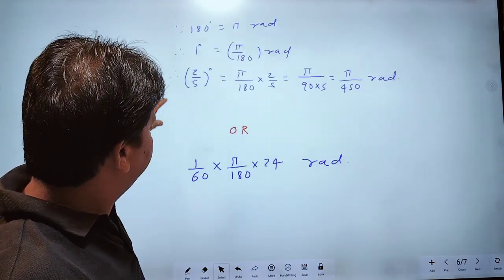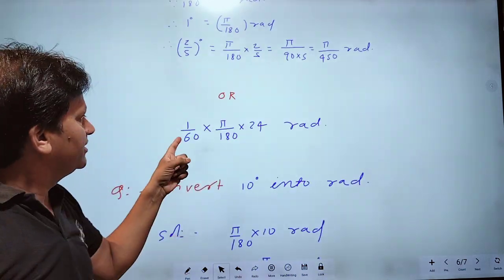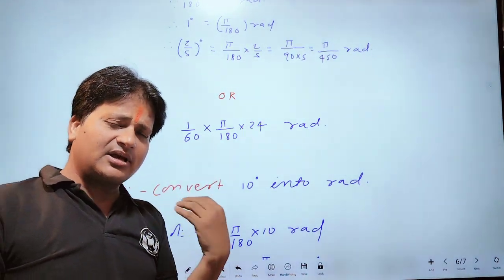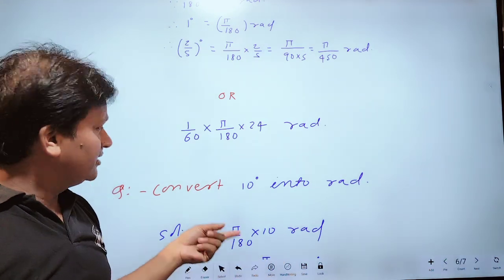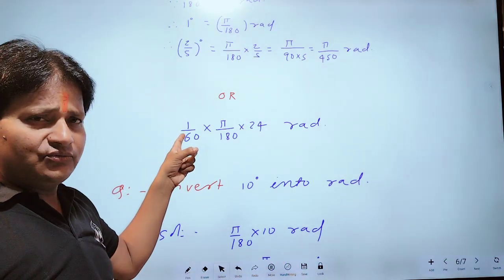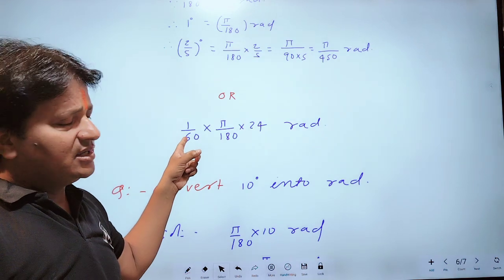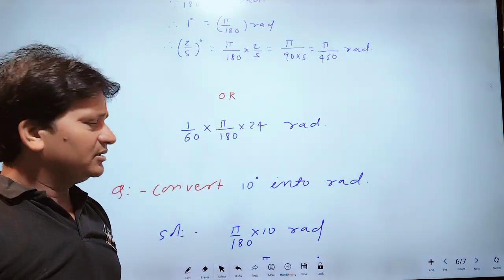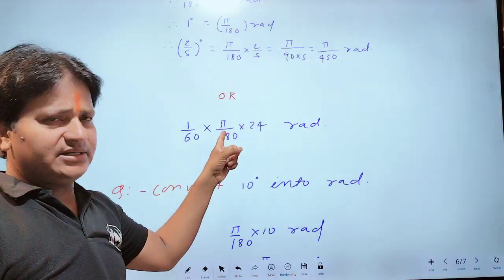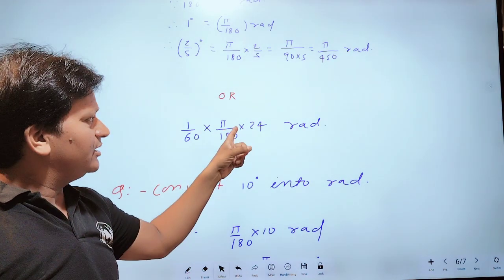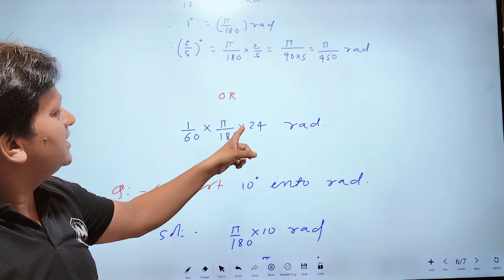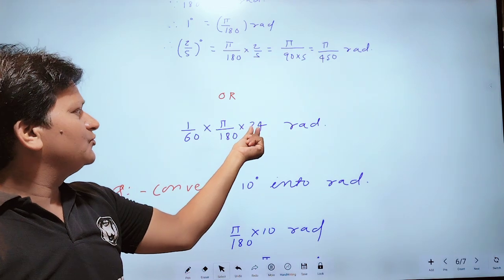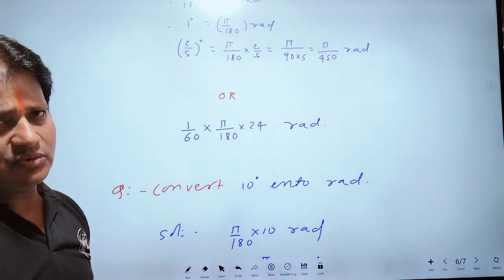Therefore, the final result will be: first of all, minute is converted into degree, so we divide by 60, and degree is converted into radian by multiplying by pi by 180. And the value to be converted into radian is 24 minute. Therefore, we multiply by 24. Okay.